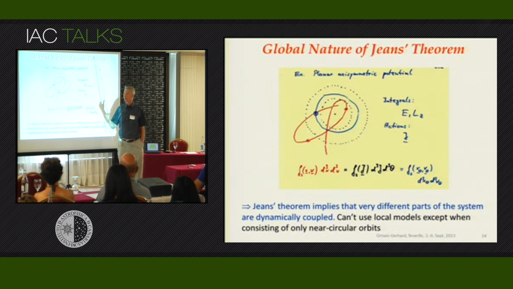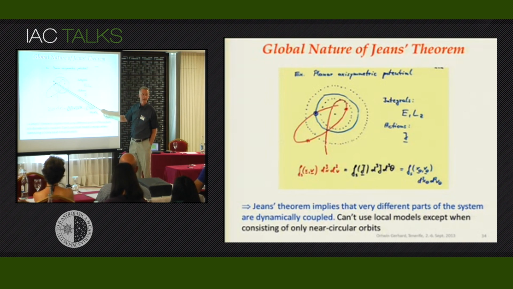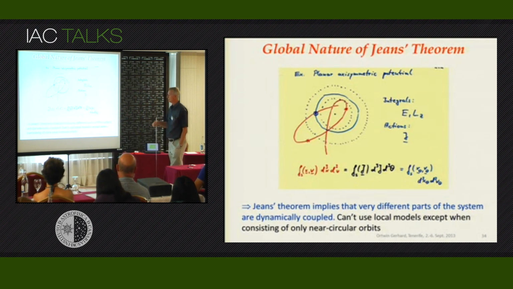We may not be able to observe the stars on different parts of the orbit. But we know by Jeans' theorem that the phase space density in different parts of the same orbit must be exactly the same as the phase space density on the same orbit near the sun.